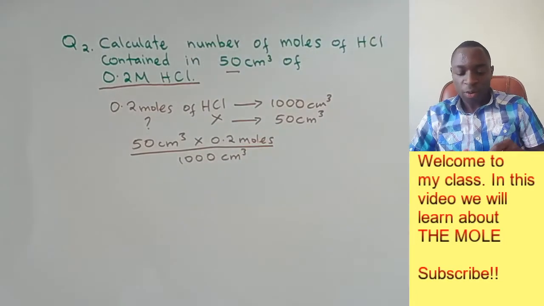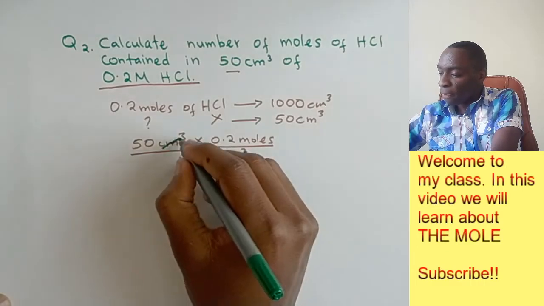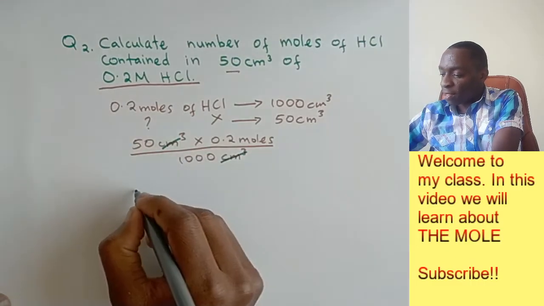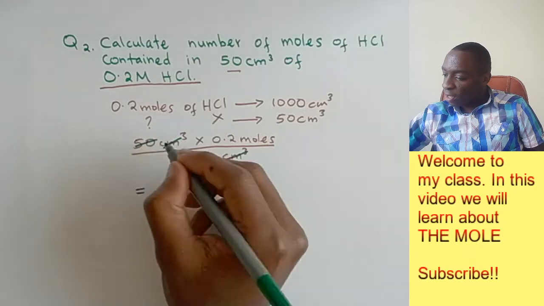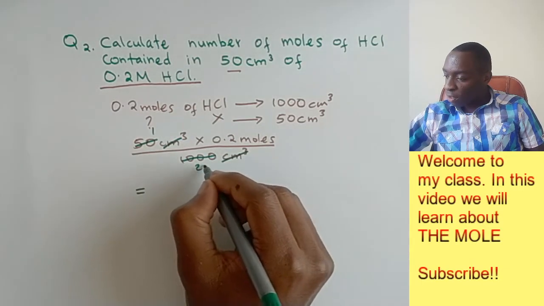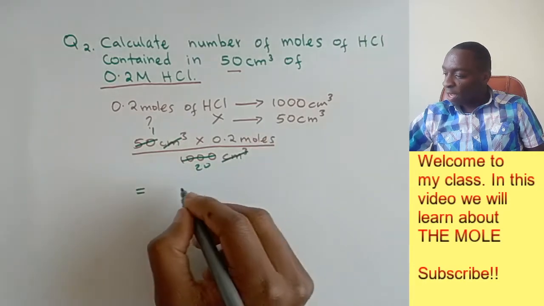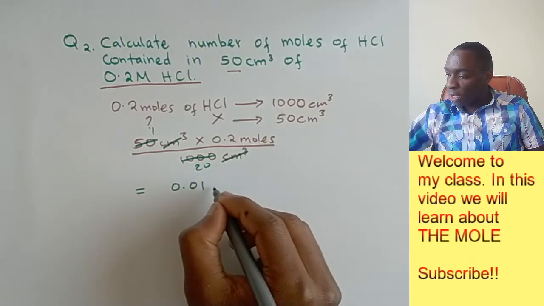So as you know, we'll again cross out the cubic centimeters and end up with our answer right down here in moles. So if you cross multiply this one, you can divide this, you get 1, you can divide this, of course you get 20, and when you divide this you get 0.01 moles.